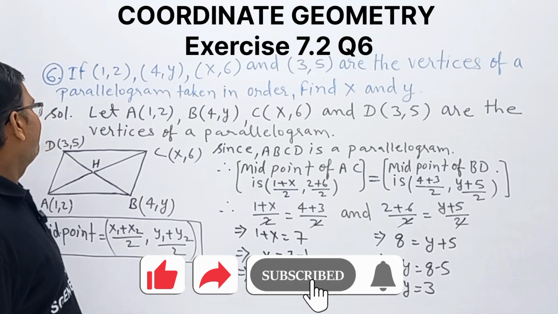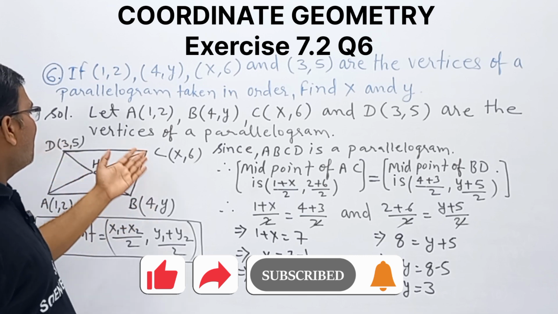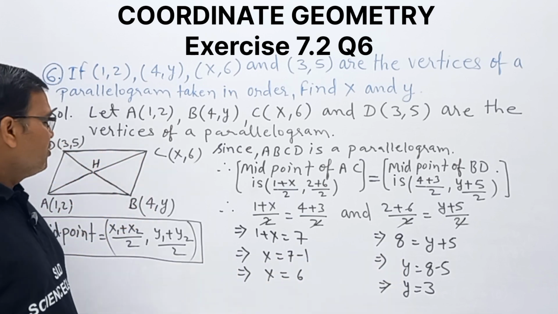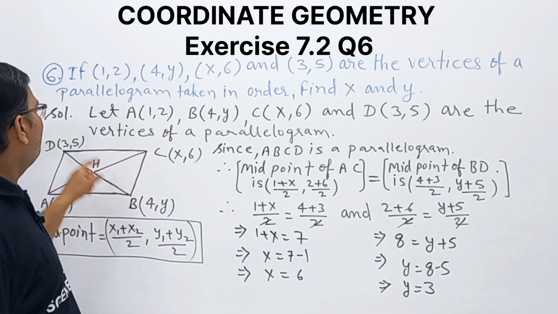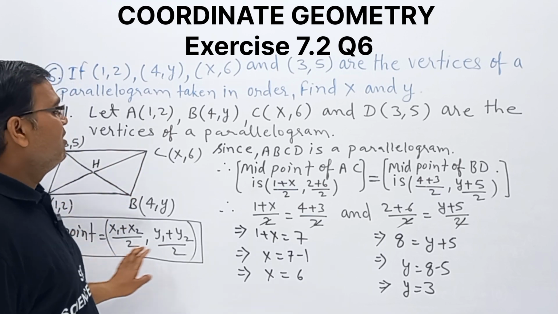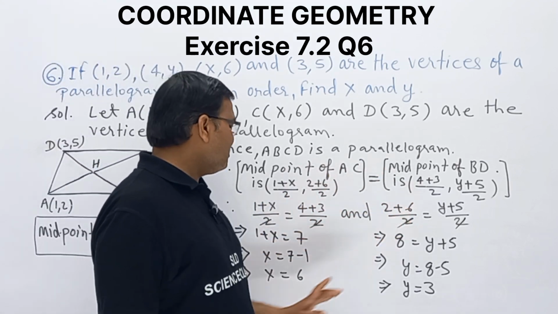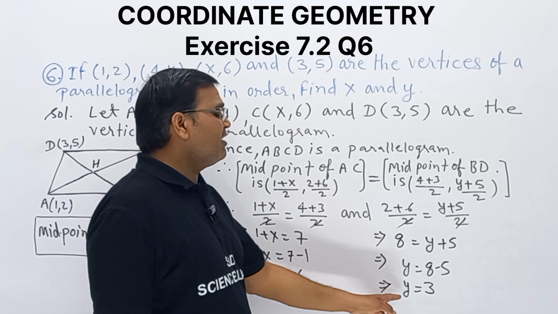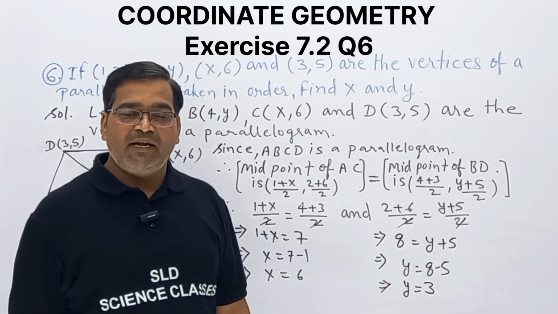We have a parallelogram, and the diagonals of a parallelogram bisect each other. So the midpoint of AC equals the midpoint of BD. By using the midpoint formula and comparing, we get x equals 6 and y equals 3. These are the required answers.